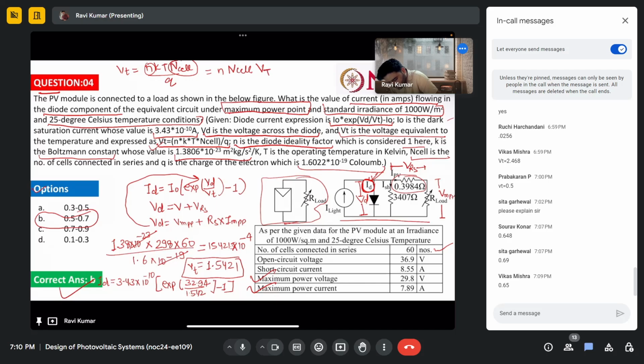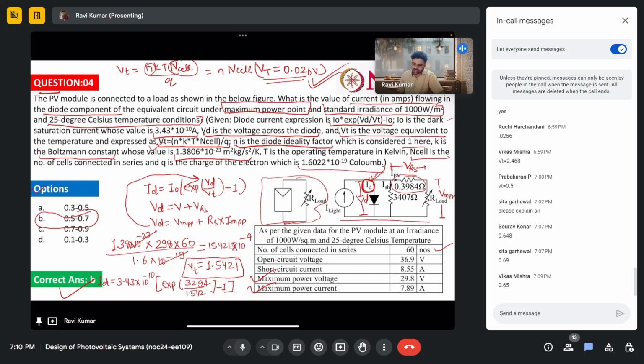VT is the thermal voltage at room temperature, and this VT is always equal to 0.026 volt. So you directly can use 0.026 into N if it is being asked at the room temperature condition or standard temperature condition, that is STC. So at 25 it will always be equal to 0.026, or we can say 26 millivolt.